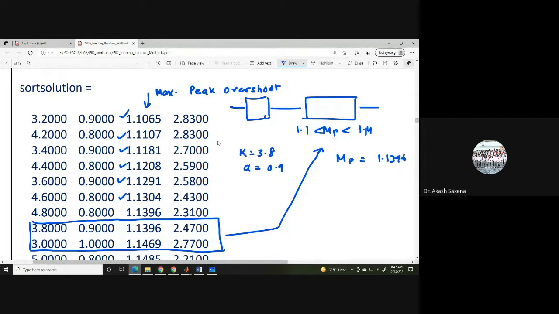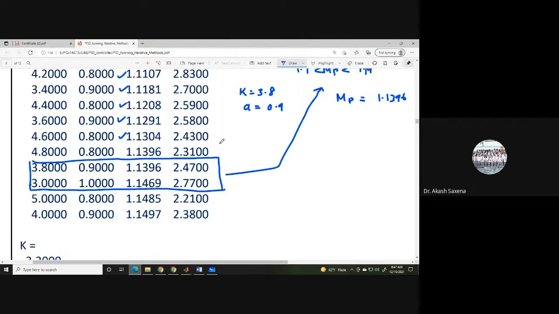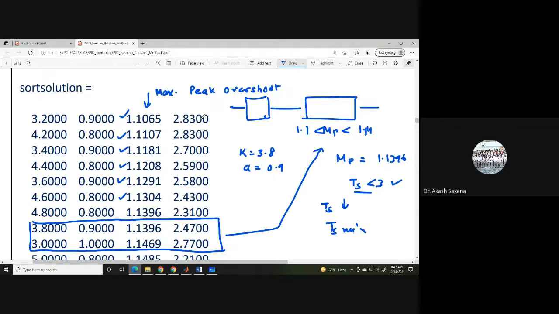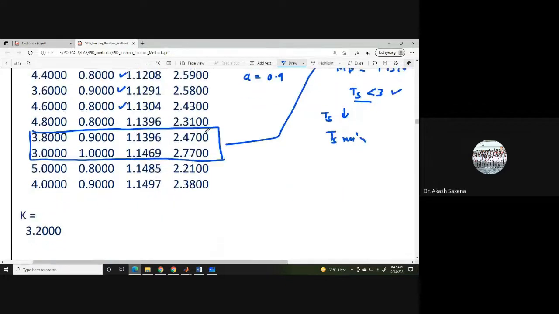Over here you can see that the settling time is also coming less than 3. So if you want to pick a design where ts should be minimum, this should be the desirable condition. Then you will find the minimum value of the settling time. The minimum value of the settling time from this desired solution will be 2.21.